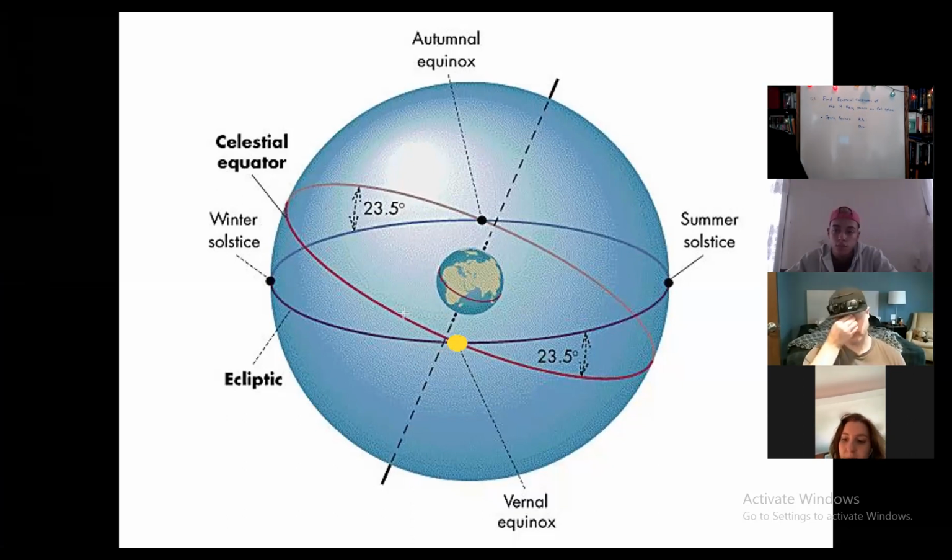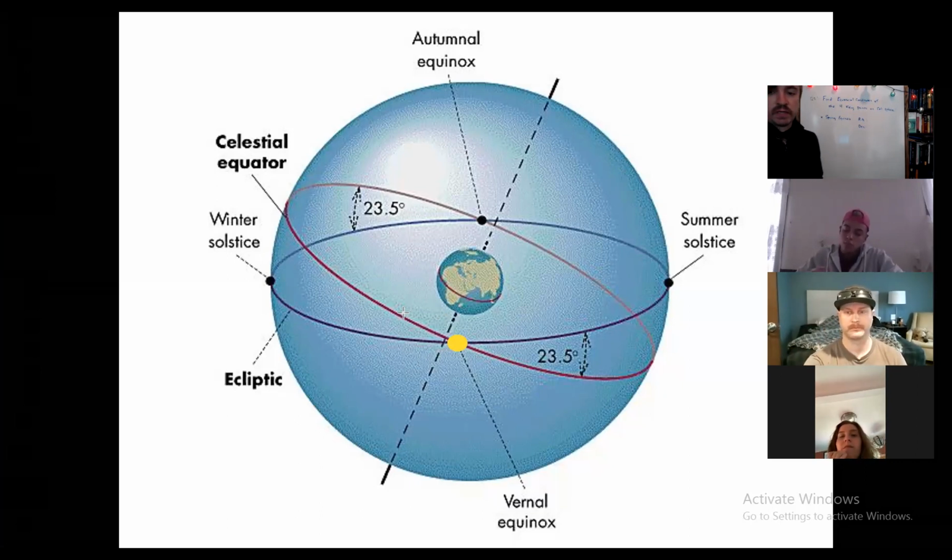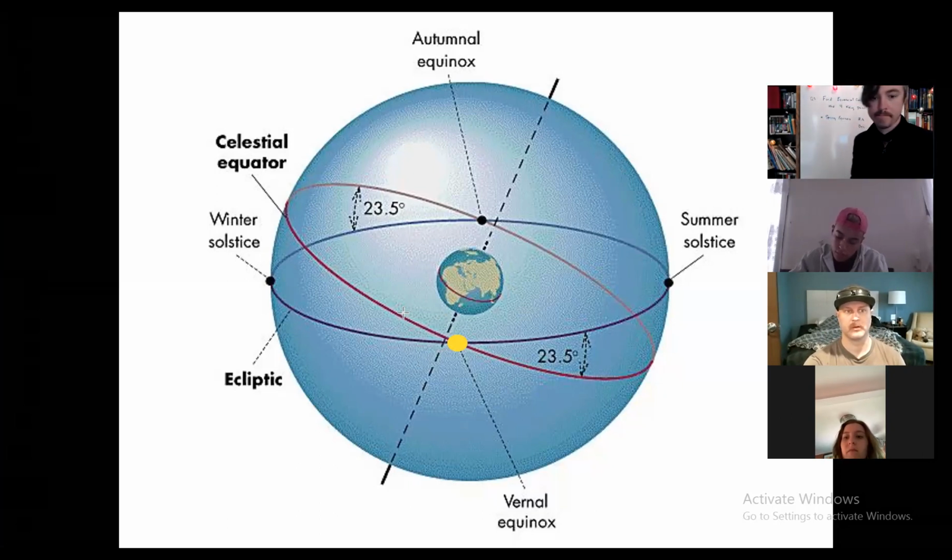What do you think? Can anyone guess one of the coordinates? 0 degrees. Which coordinate are you giving me, Joel? You got to know which one you're giving me here.